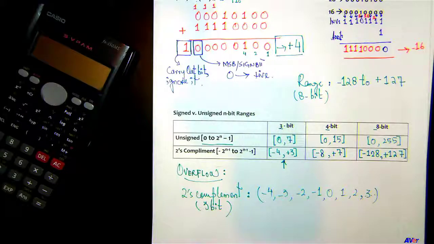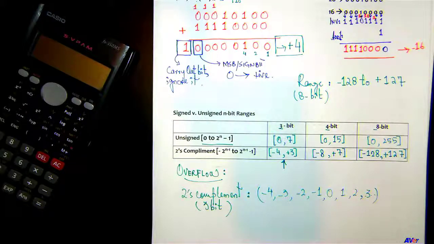When you add a negative number and a positive number, does the answer exist in this range? Say you pick -4 and +3. When you do the math on -4 plus 3, what do you get? -1, right? Is -1 in that range? That means there is no overflow.